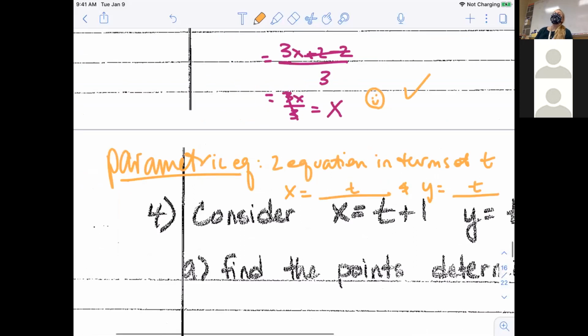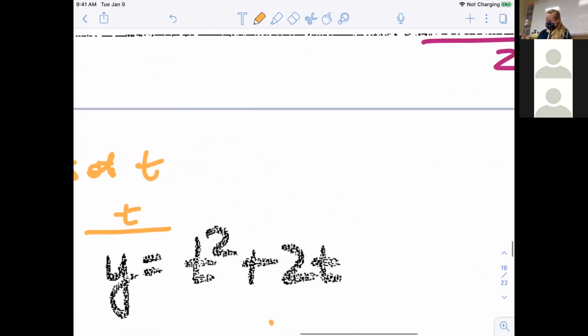They're called parametric equations because your t is the parameter. The parameter is a certain value that we plug into both equations, and we get out the corresponding x and the corresponding y. We're never graphing our t's, but we're using the t's in order to find our x and y. I'm going to write t equals the parameter over here.